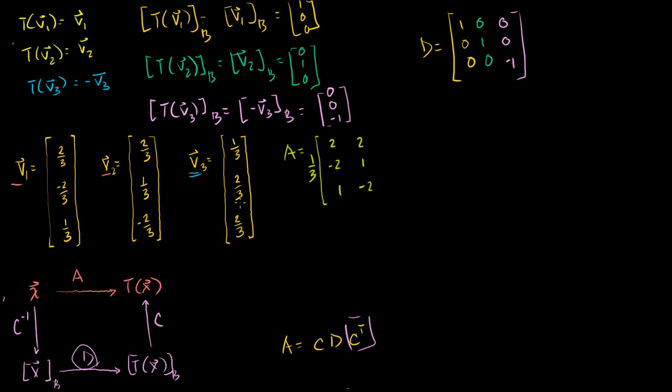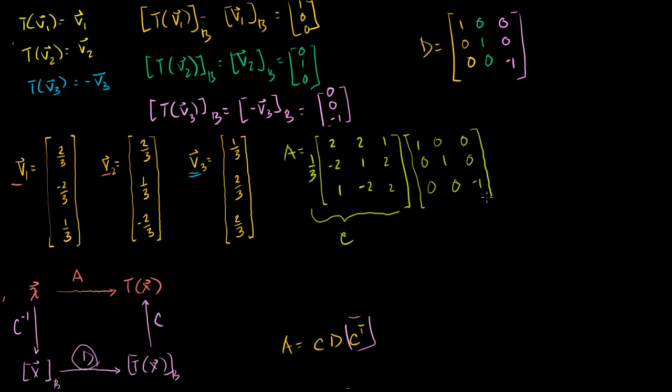And then we have 1, 2, 2, right? That right there is A, and then we're going to multiply that times, or this right here is our change of basis matrix. That is C. And we're going to multiply that times D, which is 1, 0, 0, 0, 1, 0, and then 0, 0, minus 1.